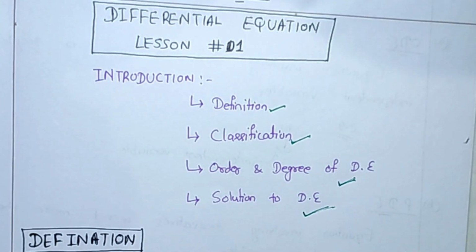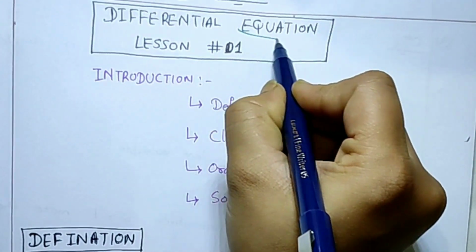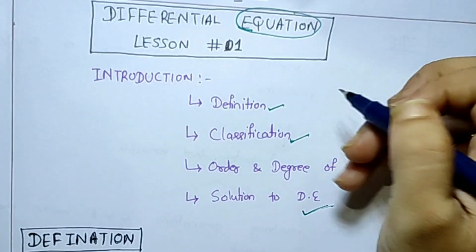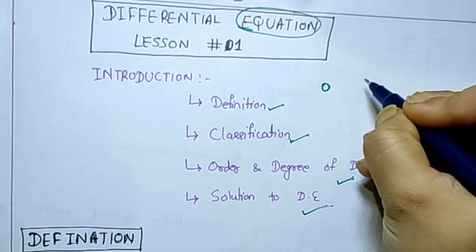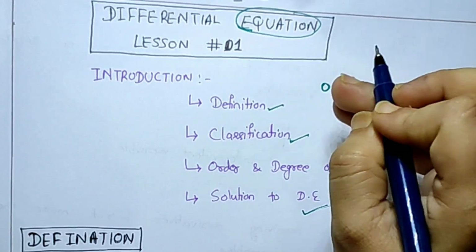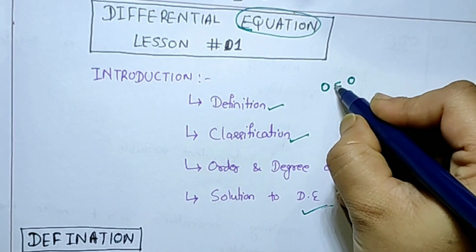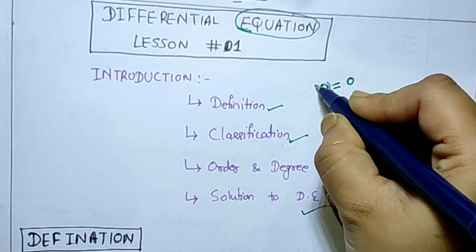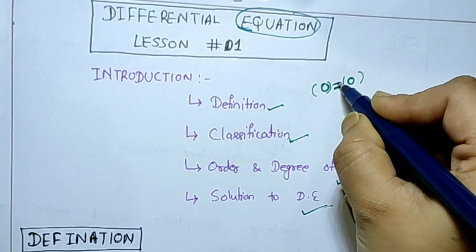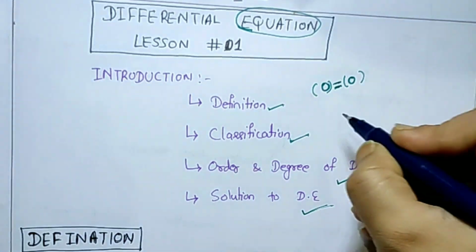At first, what is an equation? An equation is a combination of variables and constants having an equal to sign in the middle. If something is on the left side, something is on the right side, and in between there is an equal to sign, it is called an equation.